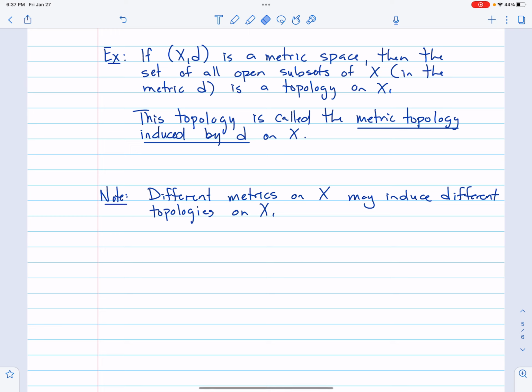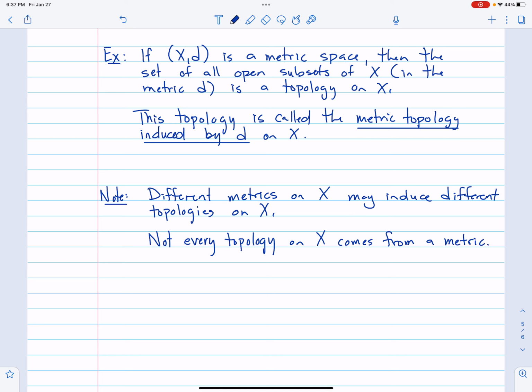Furthermore, not every topology on X comes from a metric.